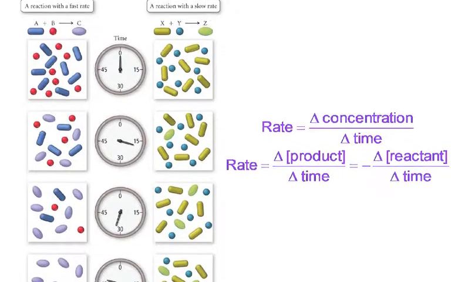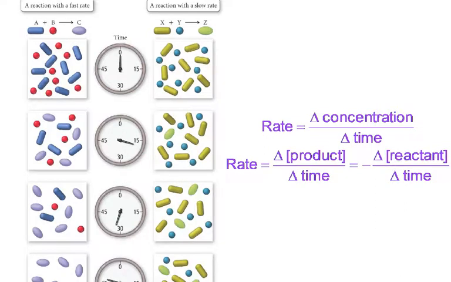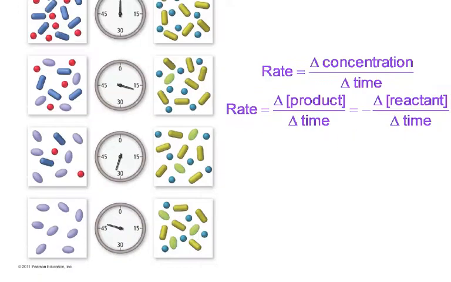So if we look at these two reactions depicted here, we have a reaction on the left with a fast rate where A plus B are going to C, and you can see that if we use our timer here, over the course of about 46 seconds-ish, all of our reactants have gone over to products.